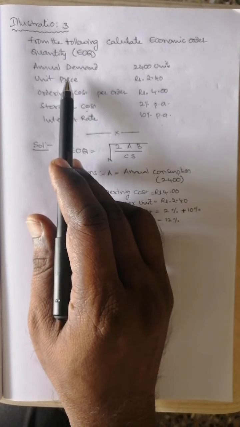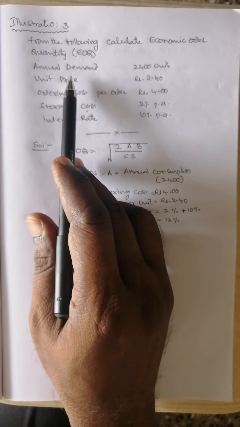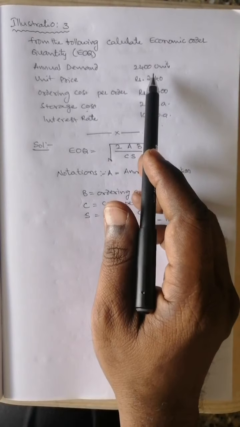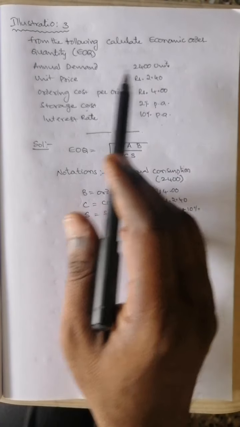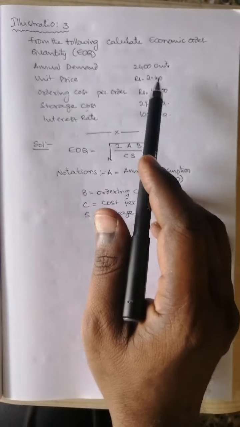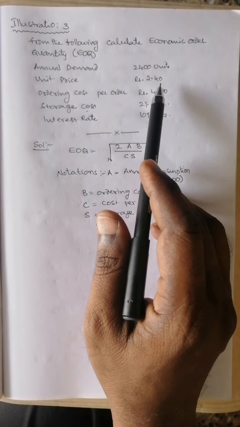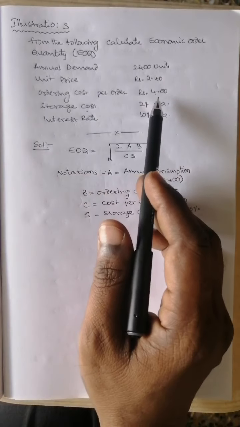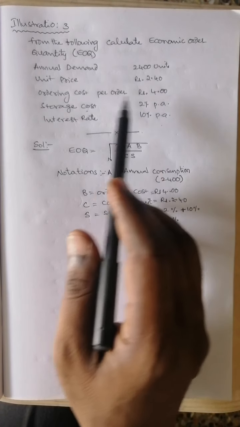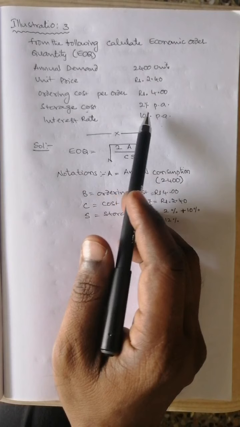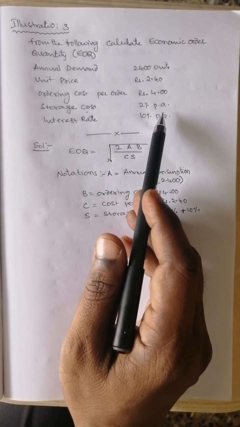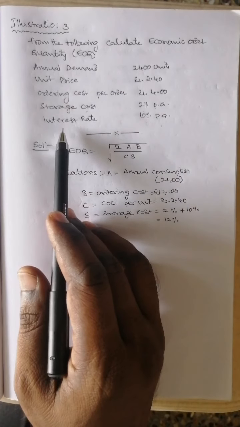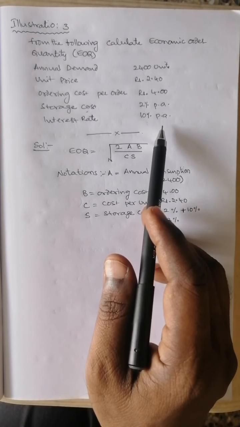Annual demand, also called consumption, 2400 units. Unit price, 2 rupee 40 paisa. Ordering cost per order, 4 rupees. Storage cost, 2% per annum. Interest rate, 10% per annum.